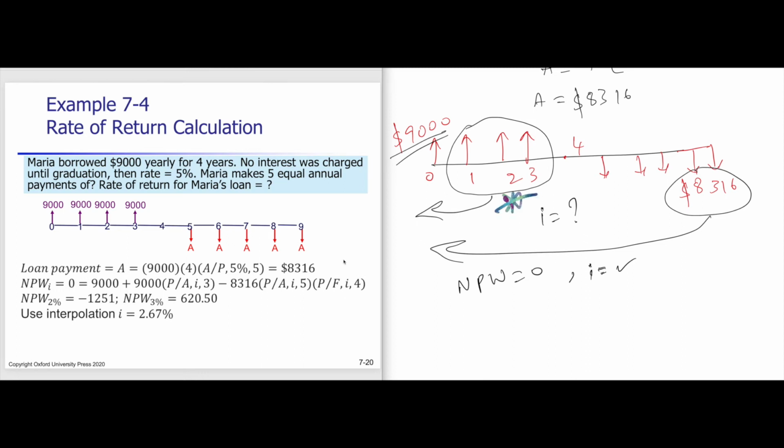$9,000 to present. That means because this is A, I will use 9,000 as A, calculate P given A, I'll write I as I, but N will be 3, and this is positive.